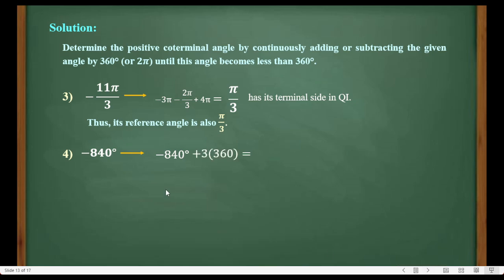And how many times? 3 times. Okay? Until the corresponding coterminal to negative 840 is less than 360. And what is the result? 240 degrees. And where can we find the terminal side of this angle, which is the coterminal of this given angle? It's in quadrant 3.